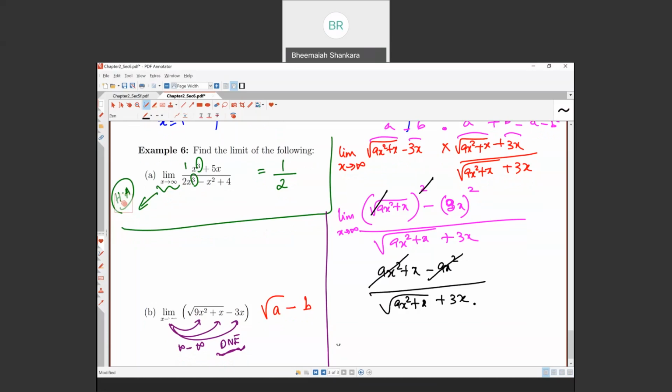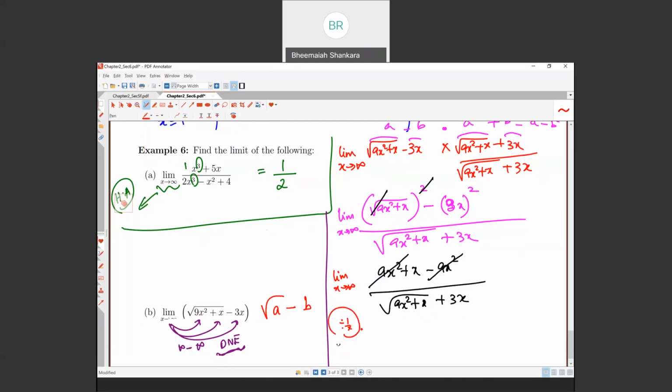Now at this step, you're seeing x in the numerator and you have square root 9x squared plus x plus 3x in the denominator. If you plug in infinity in the numerator and the denominator, you still see infinity over infinity form, which is an indeterminate form. So at this step, you might want to divide the numerator and the denominator by x.